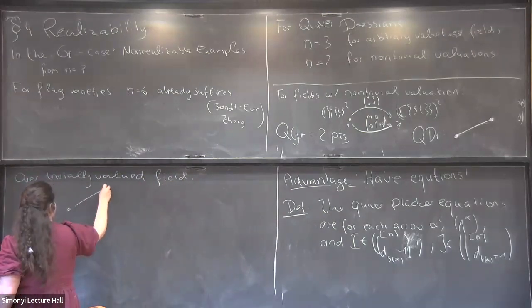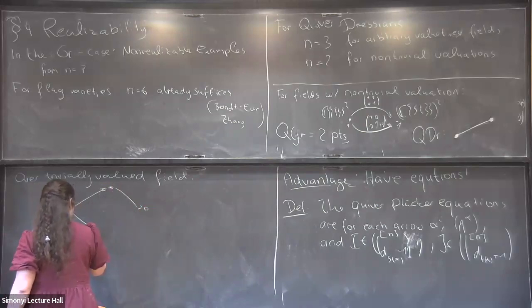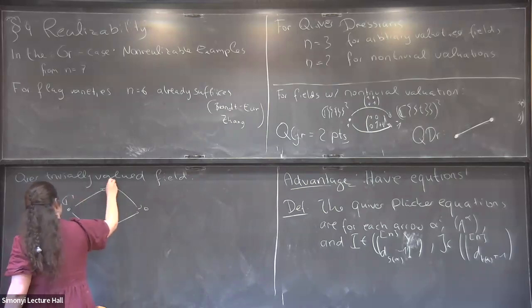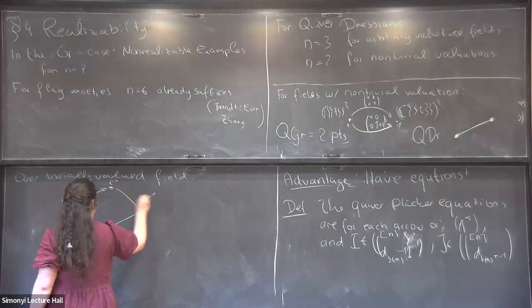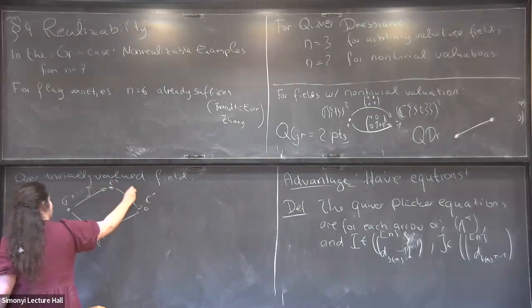We take the diamond-shaped quiver here. In our example, we take support with the trivial valuation. We take the identity matrices on all of my arrows, and we still obtain just identity matrices here.